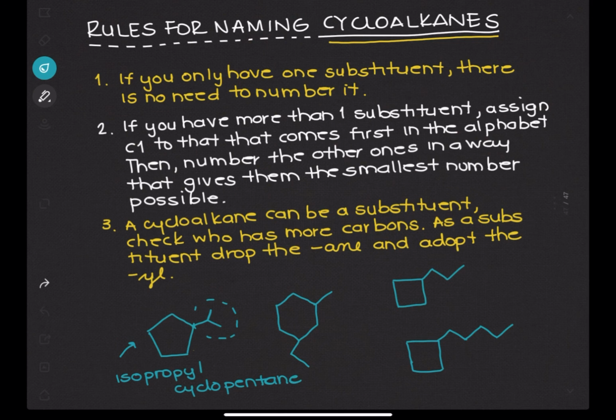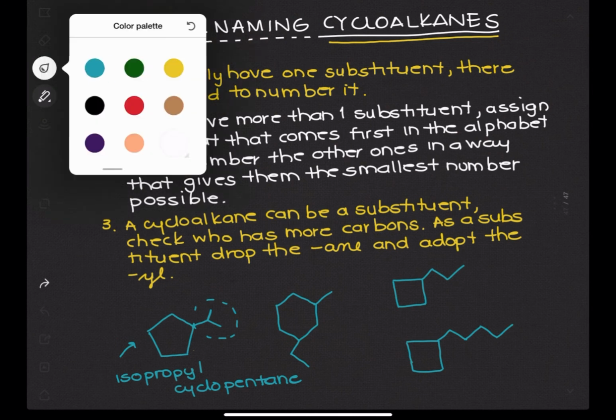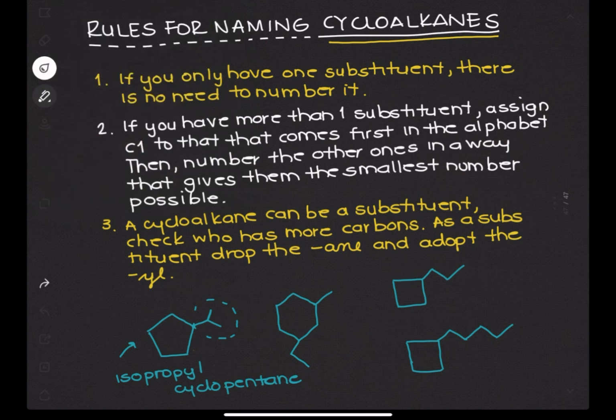The next rule says, if you have more than one substituent, assign carbon 1 to the one that comes first in the alphabet. Then number the other ones in a way that gives them the smallest numbers possible. So in this case, my example will be this one right here. We have a methyl and we have an ethyl. So we will give carbon 1 to the one that has the ethyl.